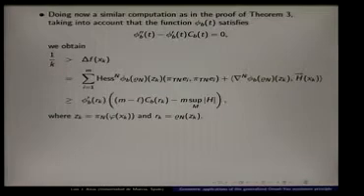Now, doing a similar computation as we did in theorem 3, and taking into account that this function satisfies the following differential equation, we can obtain the following.